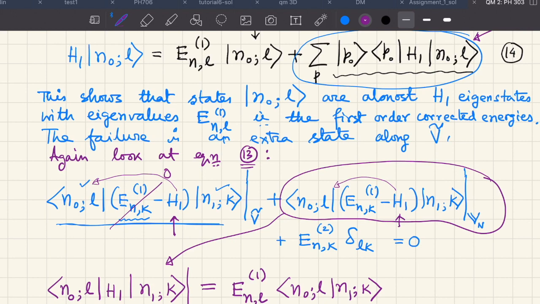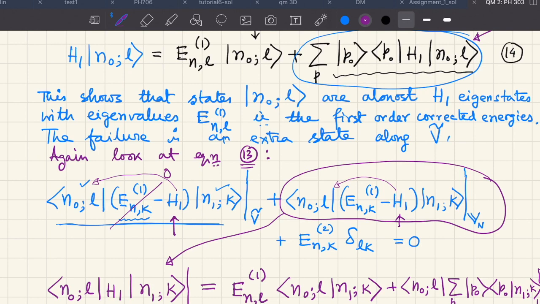But then I also have the second term, which is ⟨n0L| sum over p0 |n1K⟩. And this thing is of course in Vn.